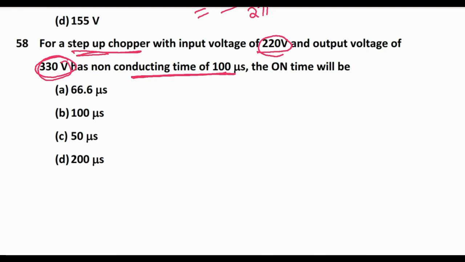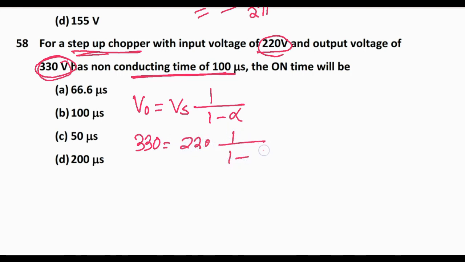So here we know that for a step up chopper, V output can be given by Vs, that is input or source voltage, by 1 minus alpha. Alpha is the duty ratio. So 330 is equal to 220 into 1 by (1 minus alpha). So we are getting 1 minus alpha is equal to 220 by 330, that means 2 by 3.